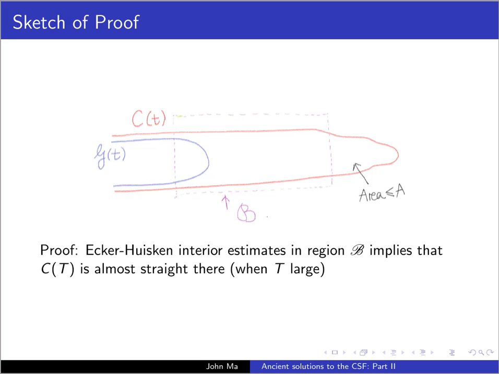Put another way, the width of this rectangular box B cannot be arbitrarily long, because if the width is very, very long, then the area bounded between C_T and G_T will eventually be bigger than A. So this is one example of a C0 estimate that we can do once we have the area estimate, and it controls the tip region.